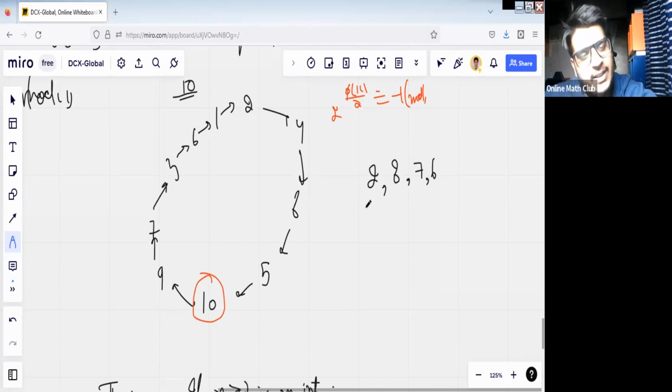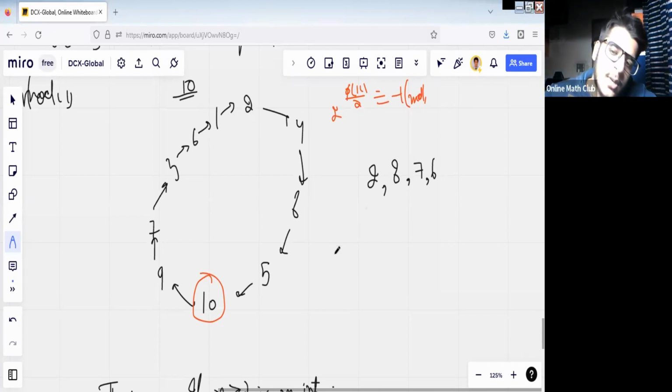No, that is not the correct answer for sure. Let me find an example. 13 also has 4 primitive roots.